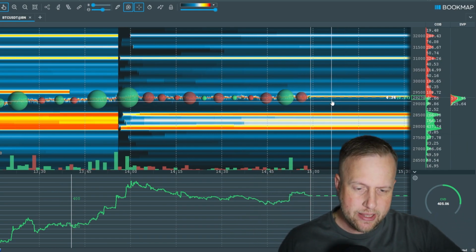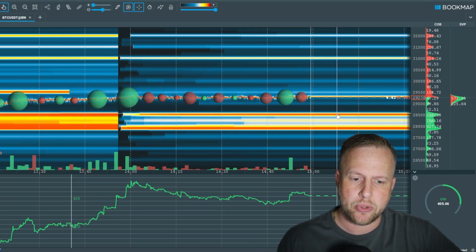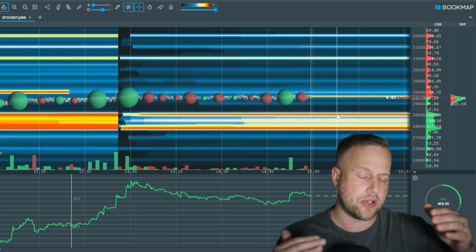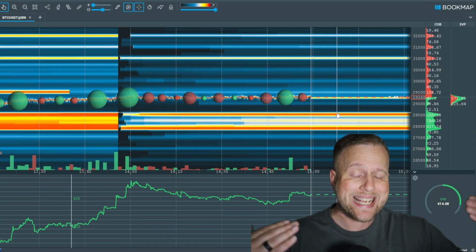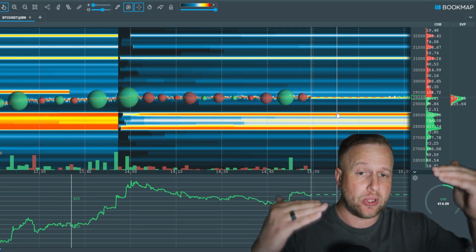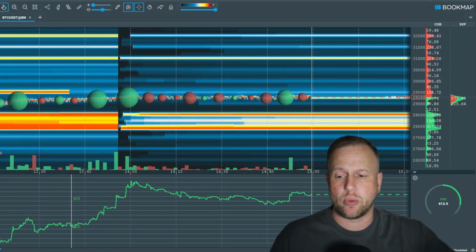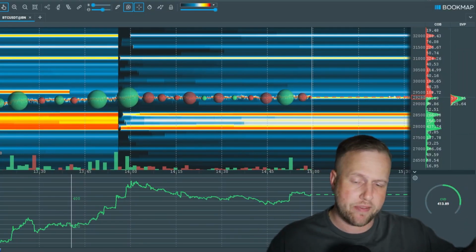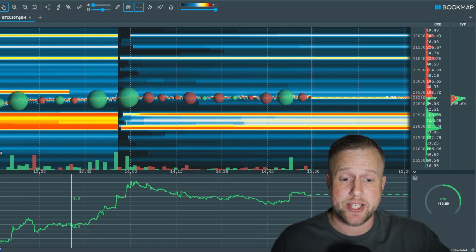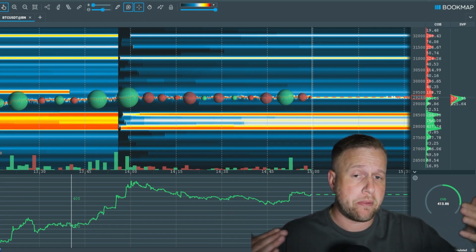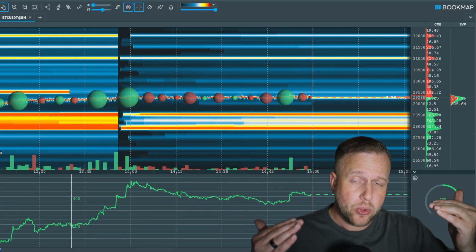So if you're playing these levels of liquidity and you entered into a short and all of a sudden some news breaks or something happens, you're on the winning side of that breakout because you've been playing the levels of liquidity. And like I said, this is a game of probabilities. So when I say that this works 80, 70% of the time, that means 20, 30% of the time, it doesn't work. 20 to 30% of the time, we're going to crash through those levels of liquidity.